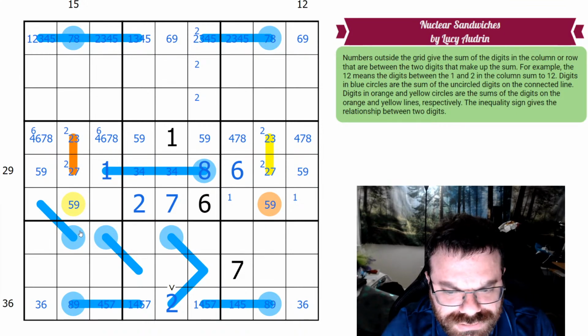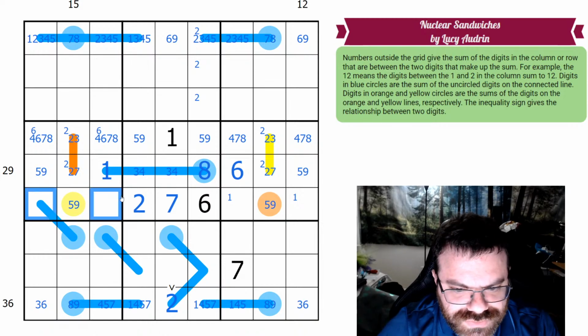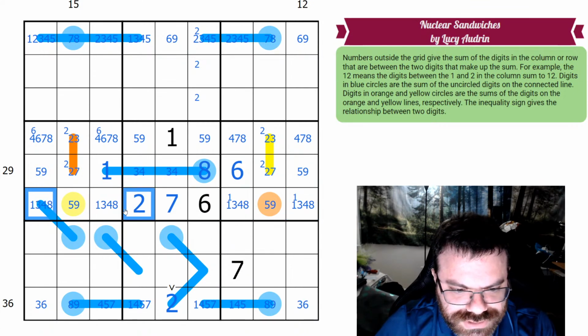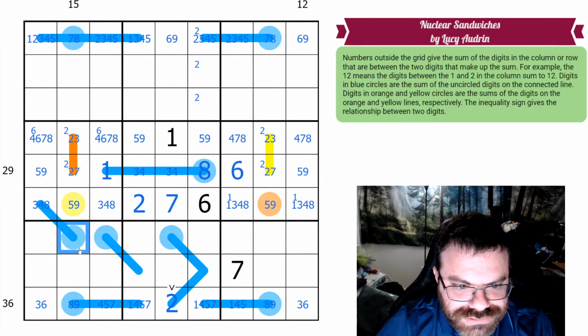Maybe I should just fill this quad as well. We need a 1, 3, 4, and 8. So these aren't 1. Can this really be an 8? No, because this can't be 9 because of the X-Wing, so that's not an 8. So this is the same. This is 3 or 4.